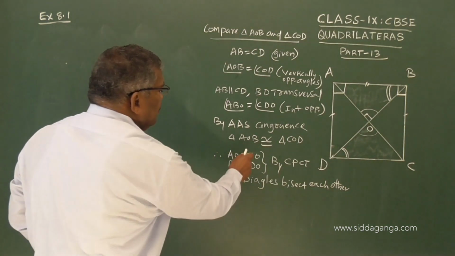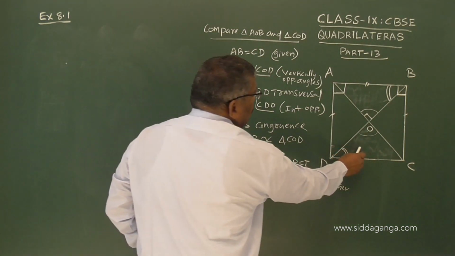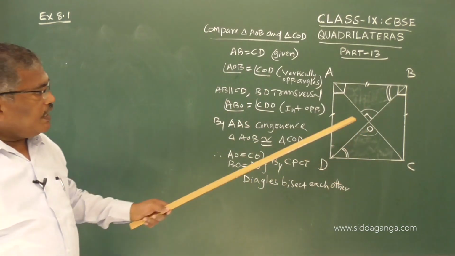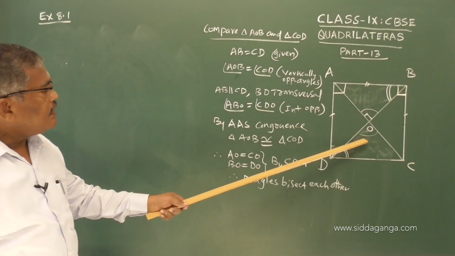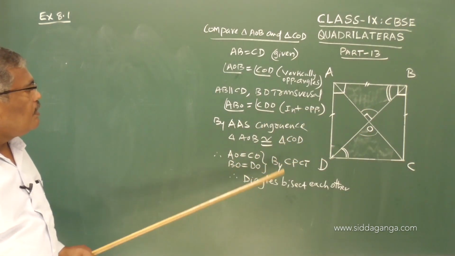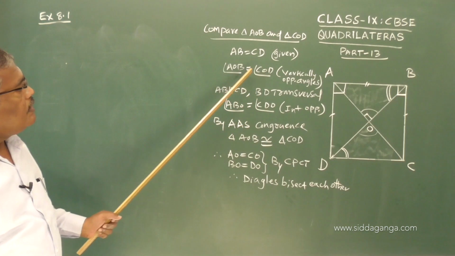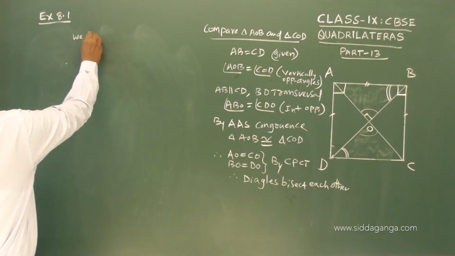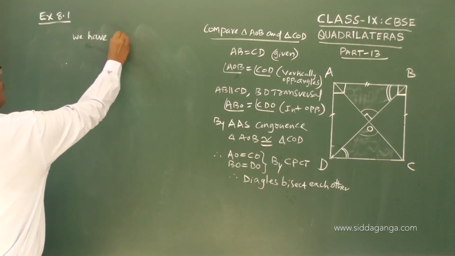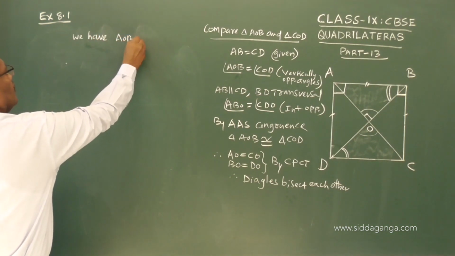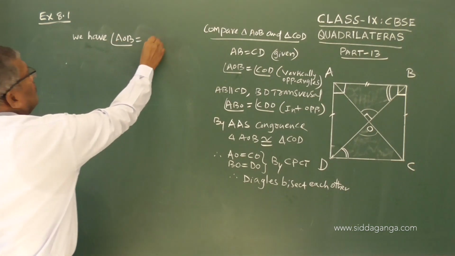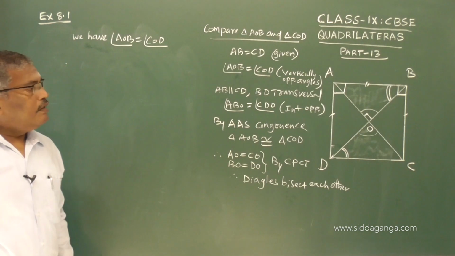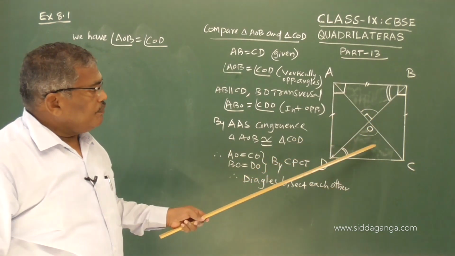See, these two are vertically opposite angles, they are equal, that is AOB equals COD. We have this data. AOB equals COD, they are equal, these two.